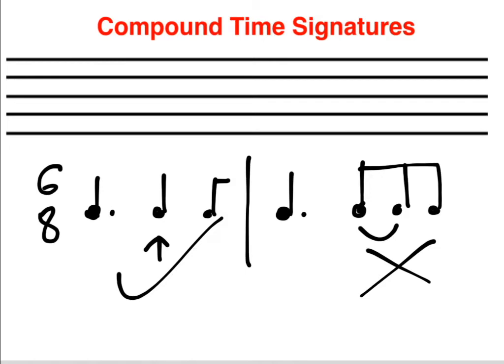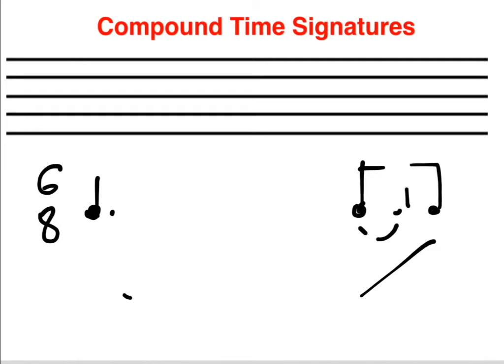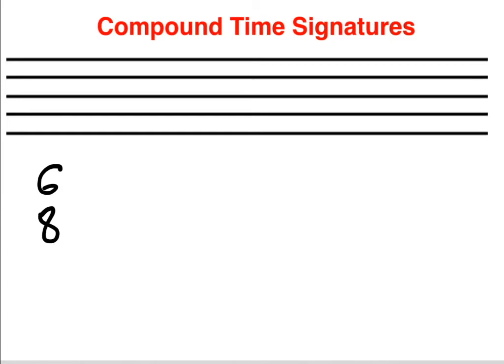To take another more complex example. Probably start using semiquavers now just to make it a little bit more difficult. Say, for example, you had this rhythm in 6/8. I'll make it a dotted rhythm just to make it different. So there's 1, 2, 1, 2, and 3, 4, 5, 6.